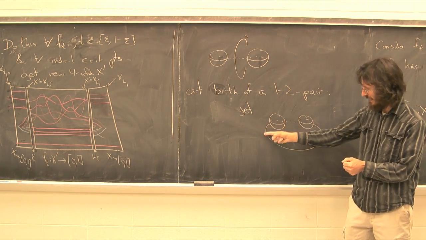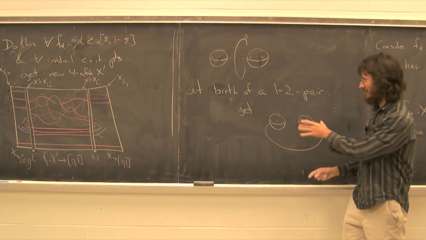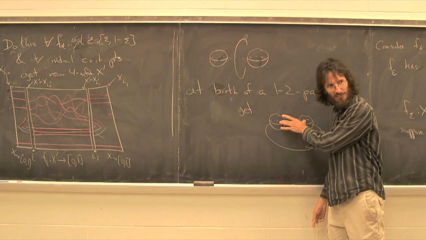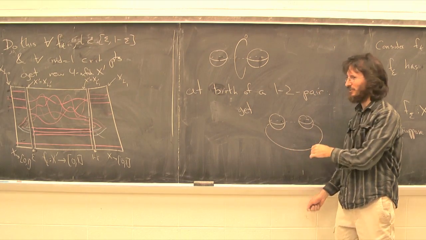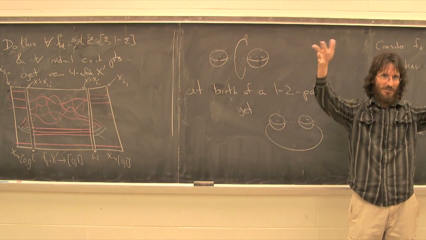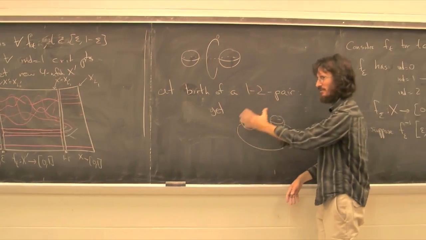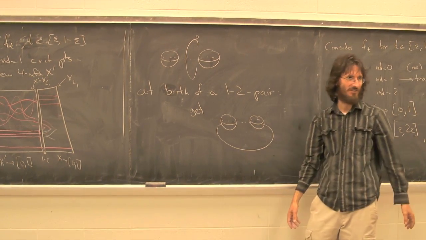So this is the attaching circle for the two handle, this is the attaching S0 for the one handle. You don't expect this two handle to go wander all around the manifold and come back. It should all be small inside the ball and disjoint from everything else.